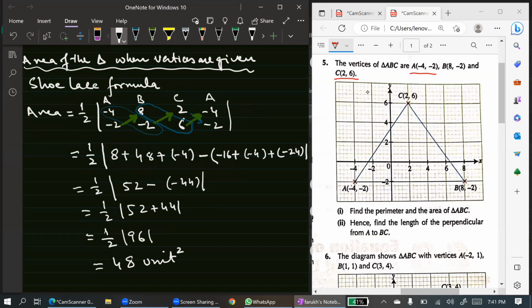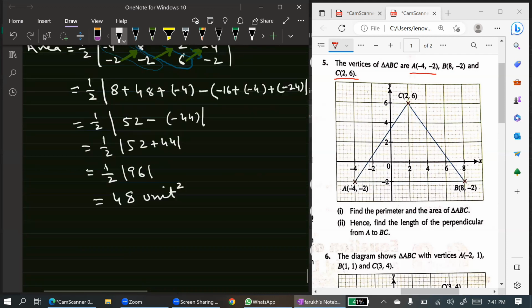Suppose we want to find the area of a rectangle, then we will write down A, B, C, D, and A again. And we will apply the shoelace formula.